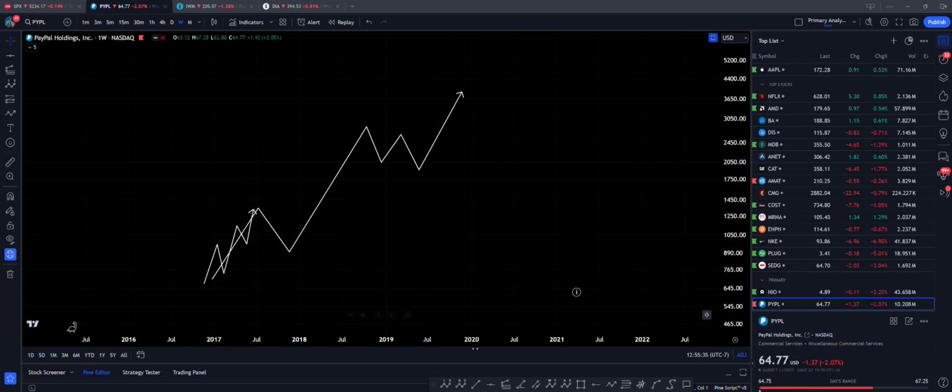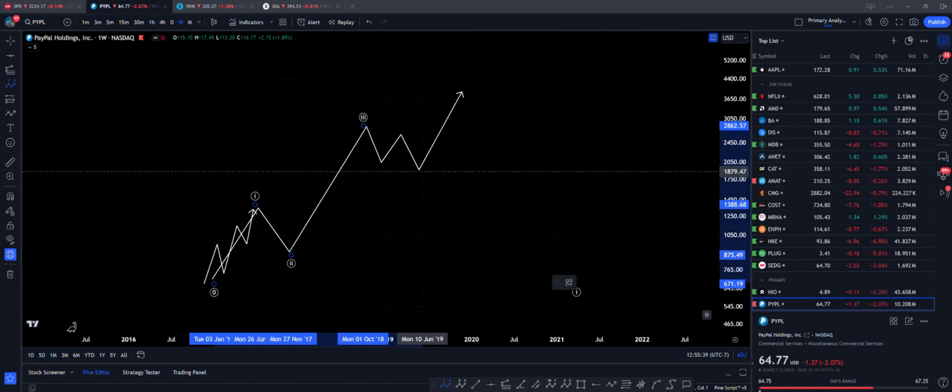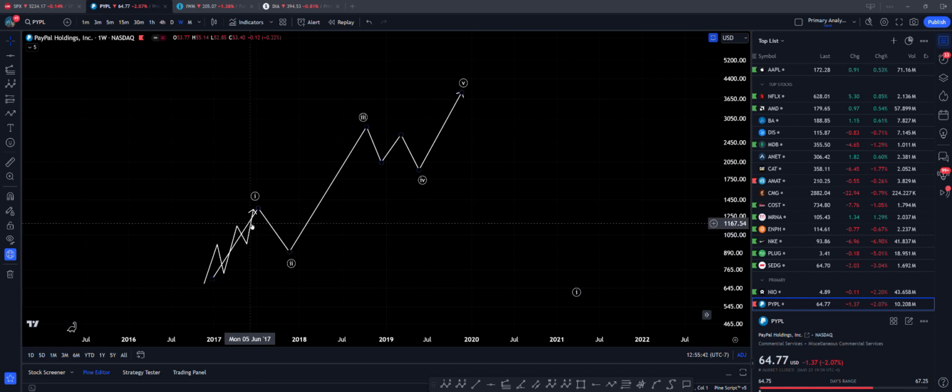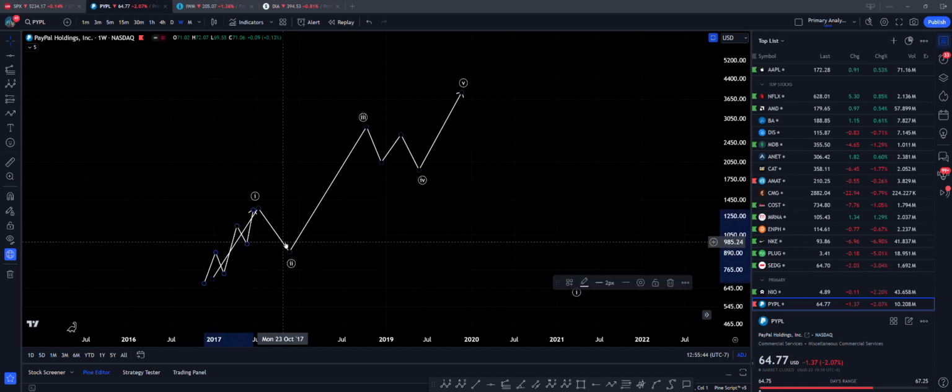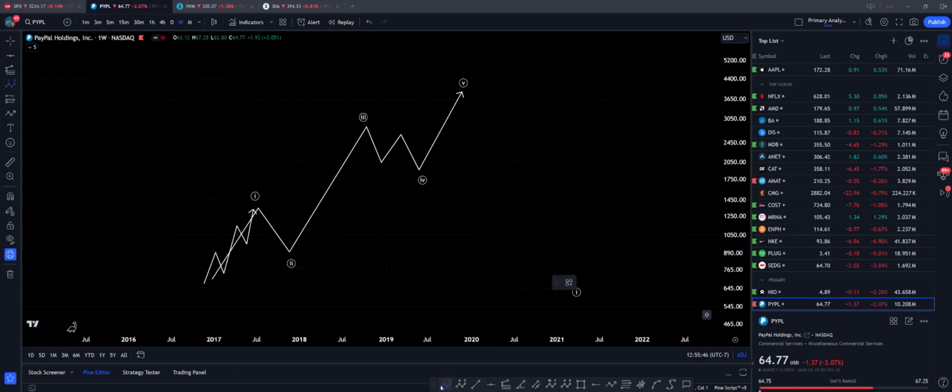So the wave one, let me mark these waves first here. Wave one, two, three, four, five, right? Wave one has five waves within that, right? And then wave three will have five waves within that itself. So wave one, three, and five, they all have five waves within them.